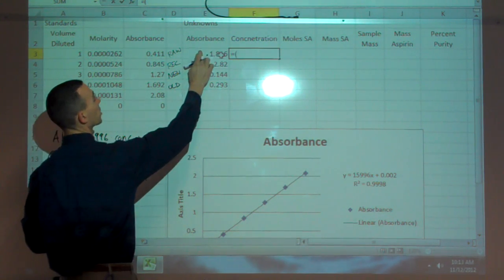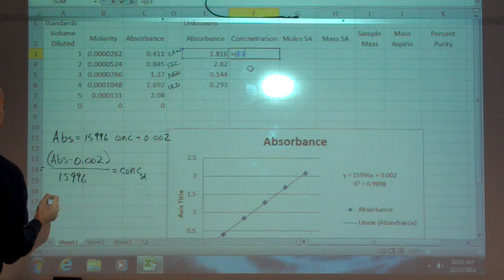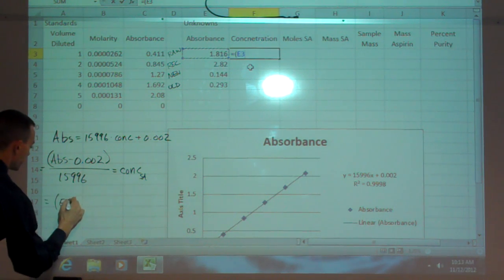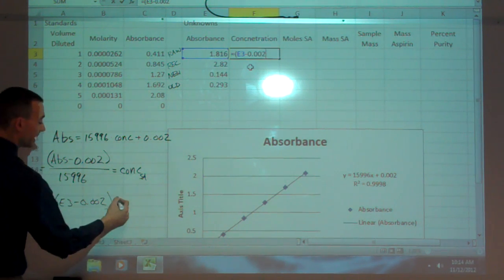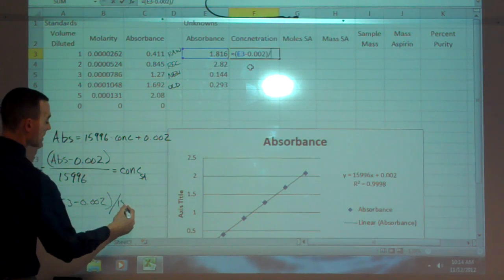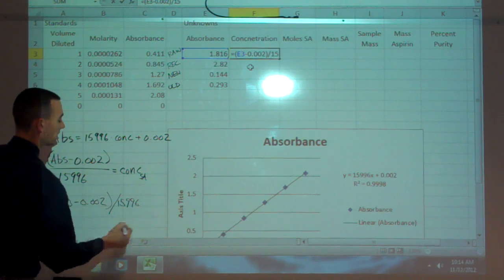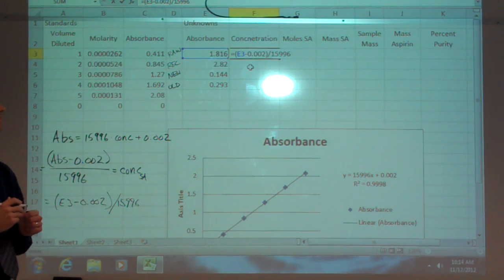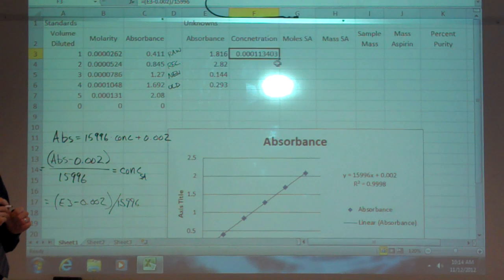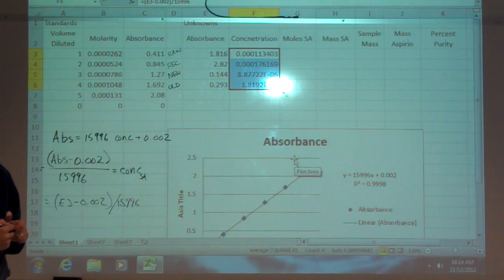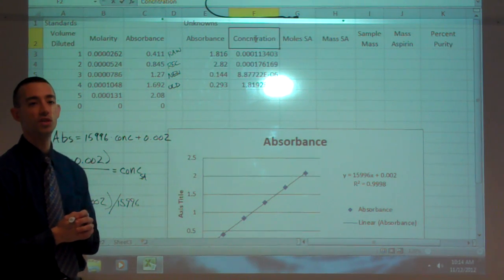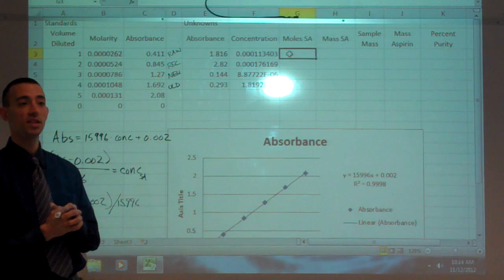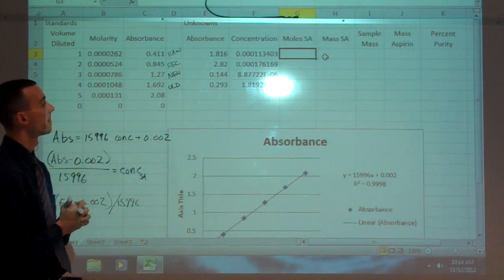We would reference our absorbance, so that's E3, minus the 0.002 value, and then close the parentheses and divide by the 15,996. And again, we can fill those down. So not only have we done it for one, but now we've done it for all 4 of our solutions. We've got the concentration of salicylic acid in each of those.